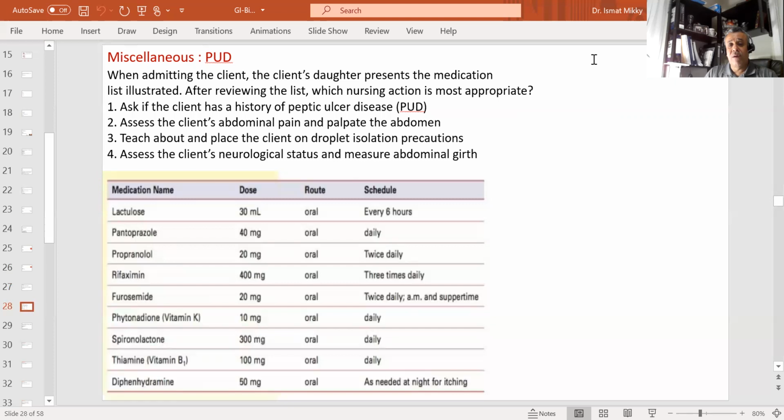Here we have a patient whose daughter presents the medication list illustrated. These are the meds the patient is currently taking. As you review the list, which nursing action is most appropriate? The answer would be 4.